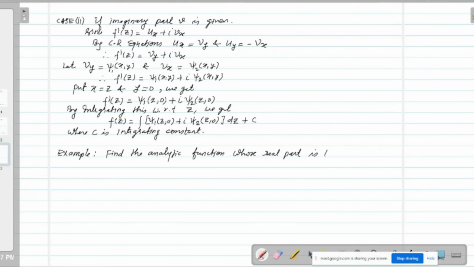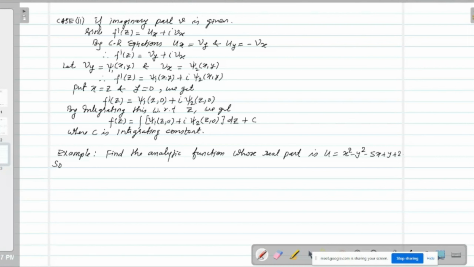That is, u is equal to x square minus y square minus 5x plus y plus 2. This is given to you and you have to find the analytic function.